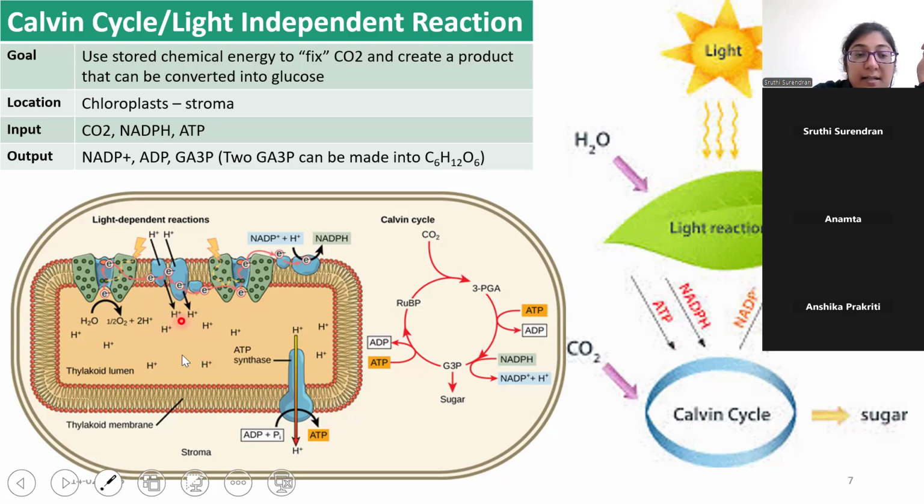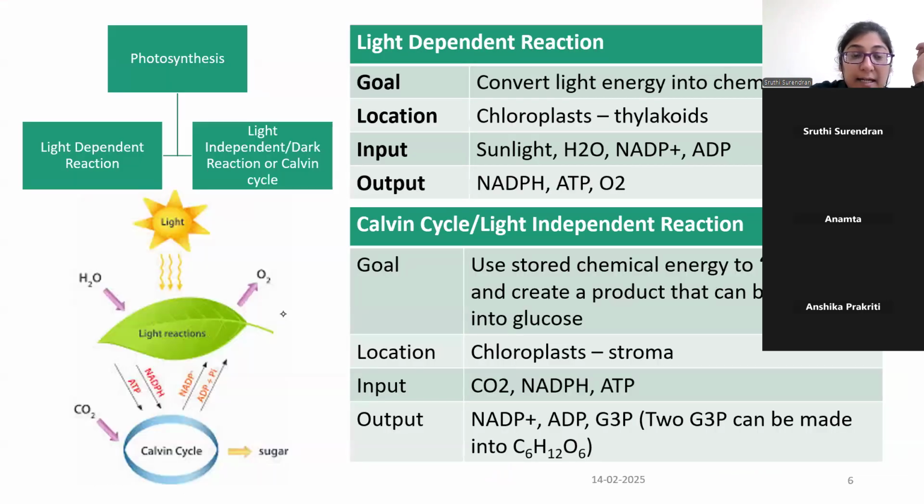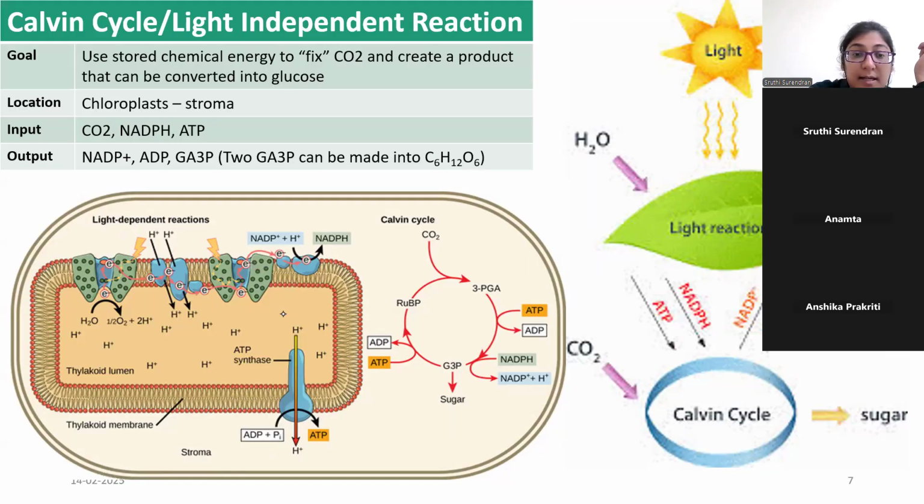This proton gradient is caused as a result of electron transport. Electron transport is what is resulting in these H plus protons to come from here to here. So if that gradient is not there, this ATP synthase won't run. If ATP synthase won't run, ATP will not be formed. If ATP is not formed, RUBP regeneration will not occur.